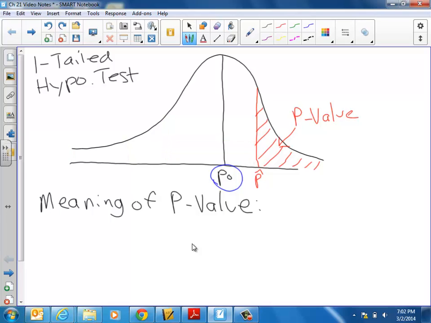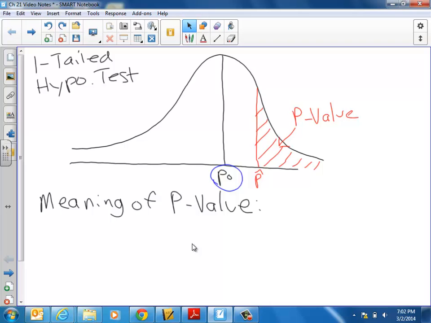All right, so what we need to talk about really is what the p-value represents. As we left the discussion off in Chapter 20, I told you to use as a good rule of thumb that if you have a p-value less than or equal to 0.05, you would see a sample proportion behave the way you did for the hypothesis test you conducted 1 in 20 times or less.